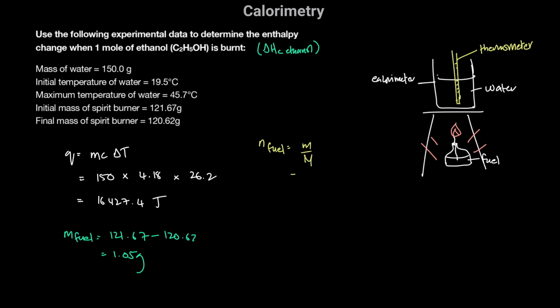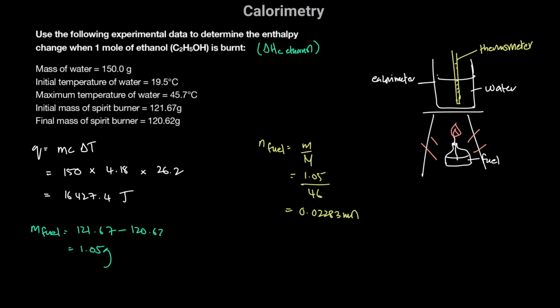The mass of ethanol is 1.05 grams and the molar mass is 46 grams per mole, since ethanol is C2H6O. So what is the number of moles of fuel combusted in this experiment? This comes out to 0.02283 moles of fuel. This is the number of moles of ethanol being combusted.